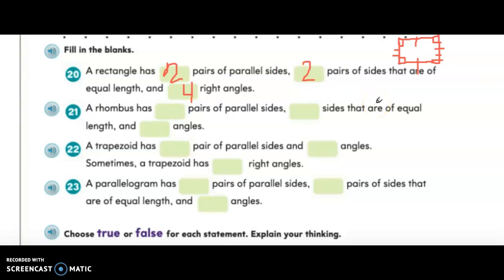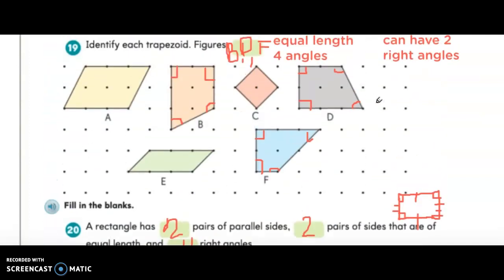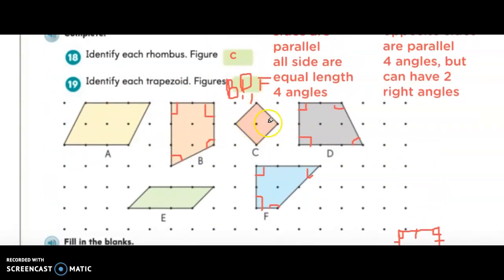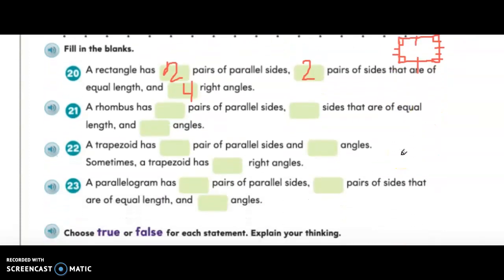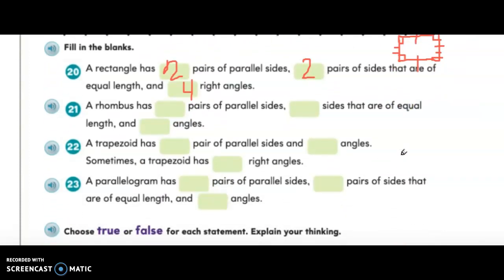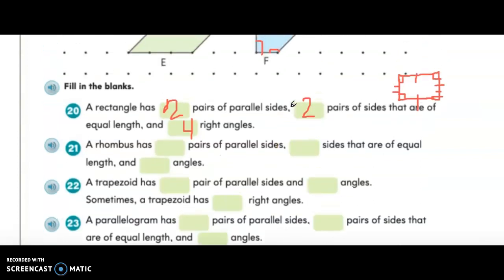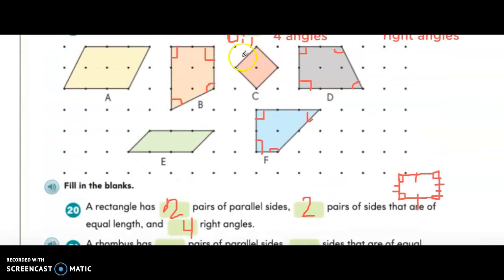Okay, now a rhombus. So we can even scroll up because we know figure C here was a rhombus, just to refresh your memory. So a rhombus has how many pairs of parallel sides? So if we picture that, and we can use this one as an example, these are parallel and these are also parallel.